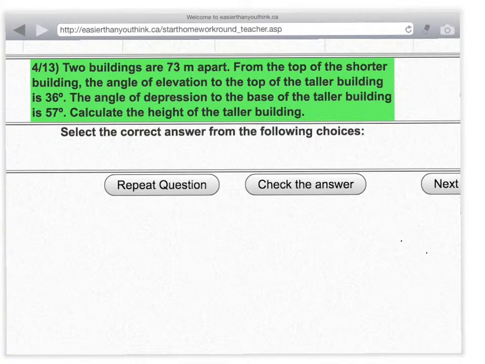Okay, the next question. You have two buildings which are 73 meters apart. The angle of elevation from the top of the shorter building to the top of the taller building is 36 degrees, and the angle of depression to the base of the taller building is 57 degrees. You are supposed to find the height of the taller building.